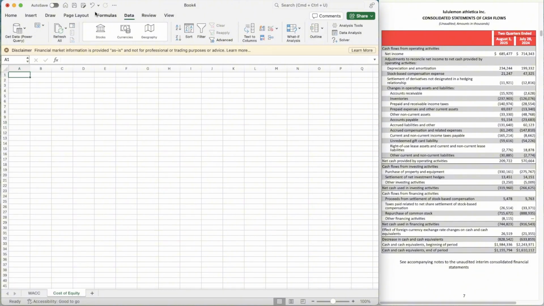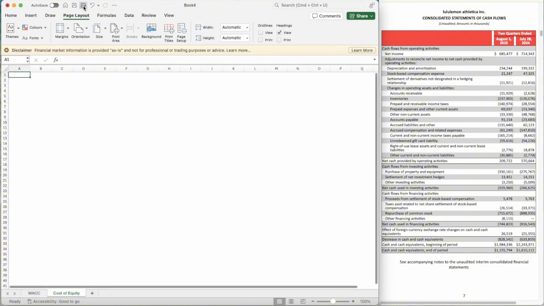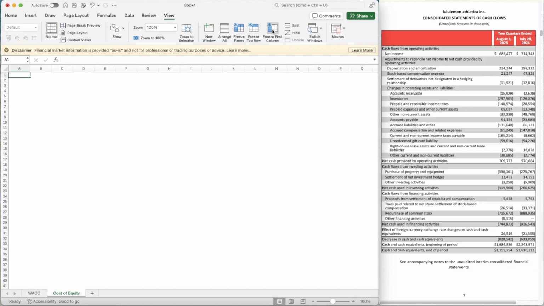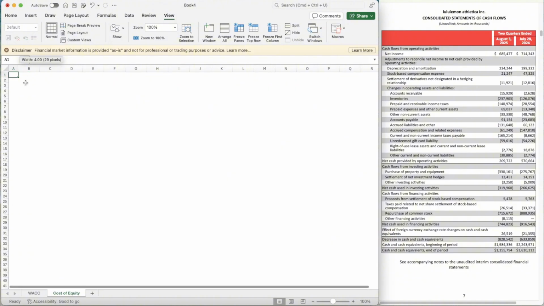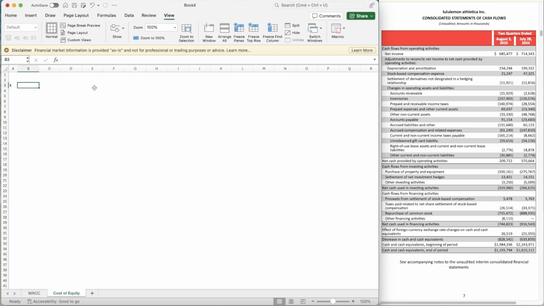As always, page layout, grid lines, view. This one do we need to? No, I don't think we do. But it's always nice to do this. Let's, okay, put a next there, center it.